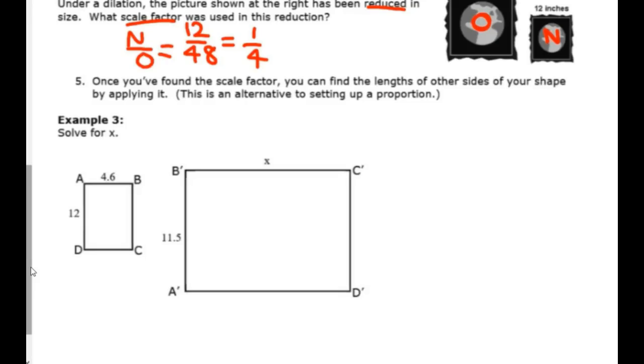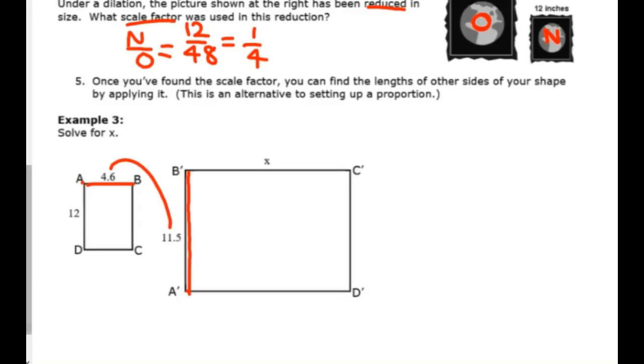Does everyone see how in example 3, these two figures are similar, but it's been rotated, right? Like here's AB, but on the top, but here's AB on the left side, okay? So 4.6 corresponds with 11.5, right?